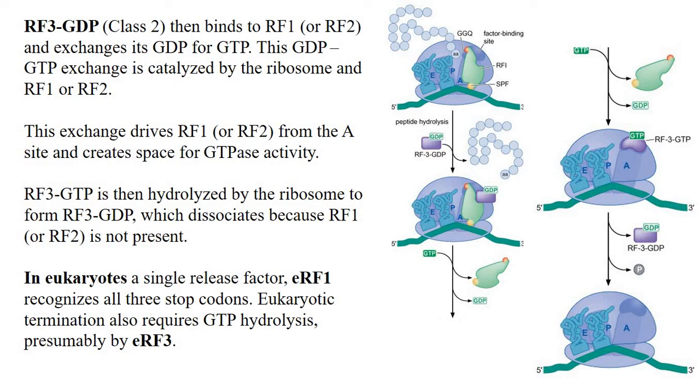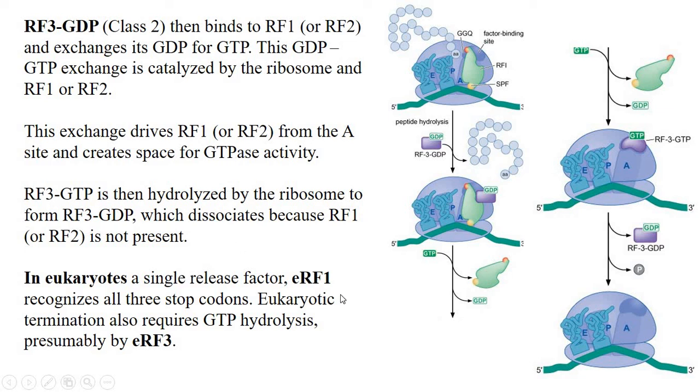This is in prokaryotes. Prokaryotes have two different class 1 release factors, RF1 and RF2, which will identify or bind to different nonsense codons. Class 2 has only one release factor, which is RF3 here.